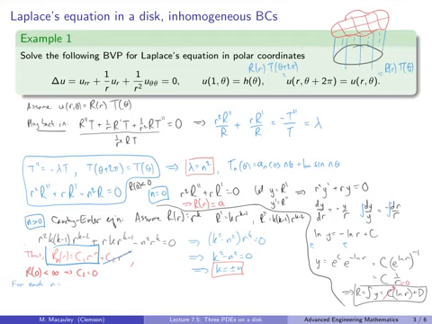So I'm going to say, sure, when n equals 0, 1, 2, etc., we get a solution un of r theta equals, how do I want to write this? r to the n times an cosine of n theta plus bn sine of n theta. There we go. So that's a solution for each n.